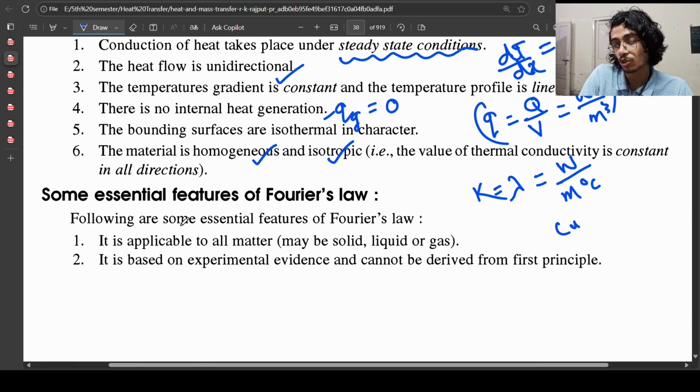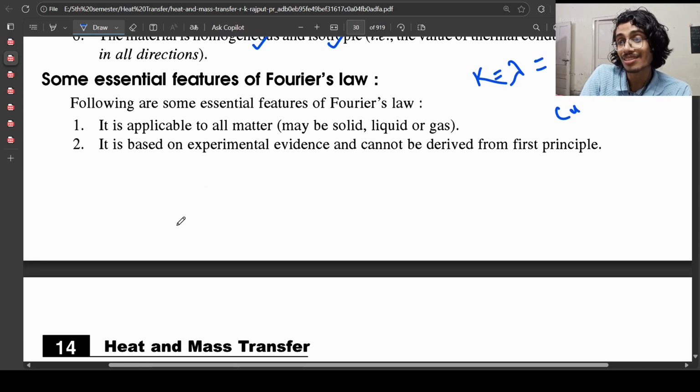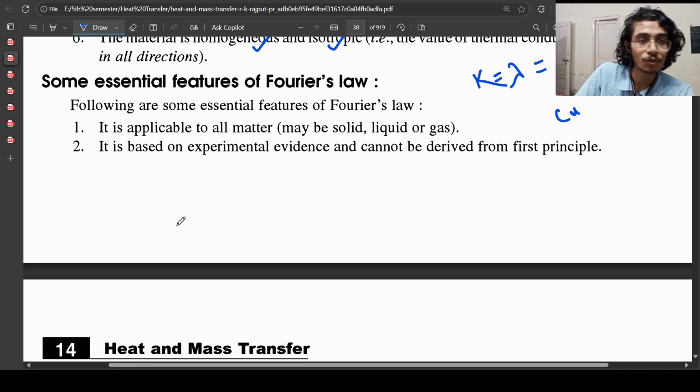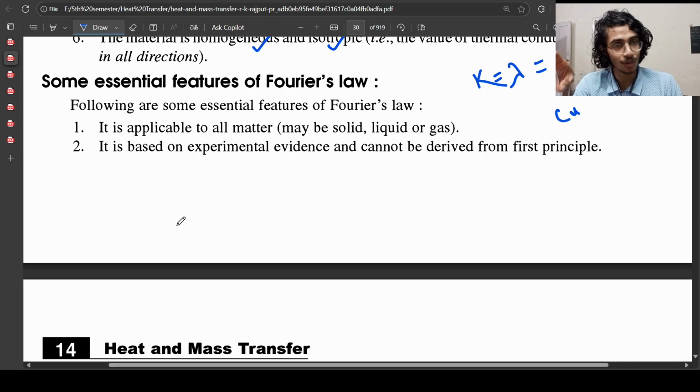Some essential features of Fourier's law: it is applicable to all matter, maybe solid, liquid, or gas, because it can also be applicable to a stationary fluid, and in the category of fluid you get gas as well as liquids, right?